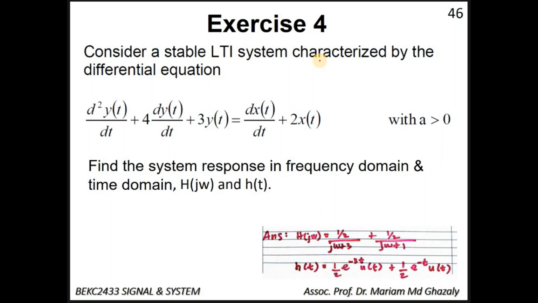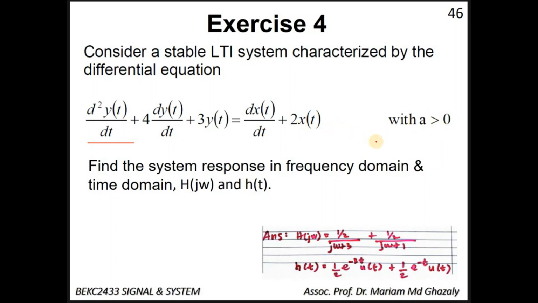Let's do exercise 4. Consider a stable LTI system characterized by the differential equation d²y/dt² plus 4 dy/dt plus 3y(t) equal to dx/dt plus 2x(t), for a value more than 1.